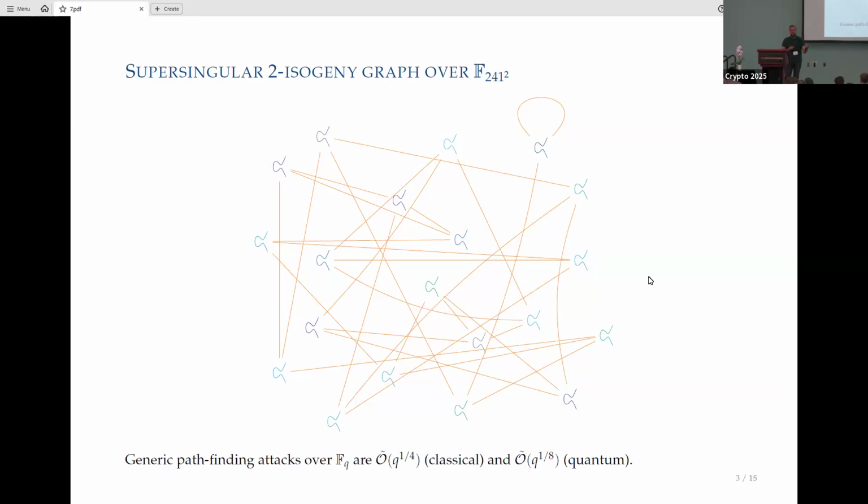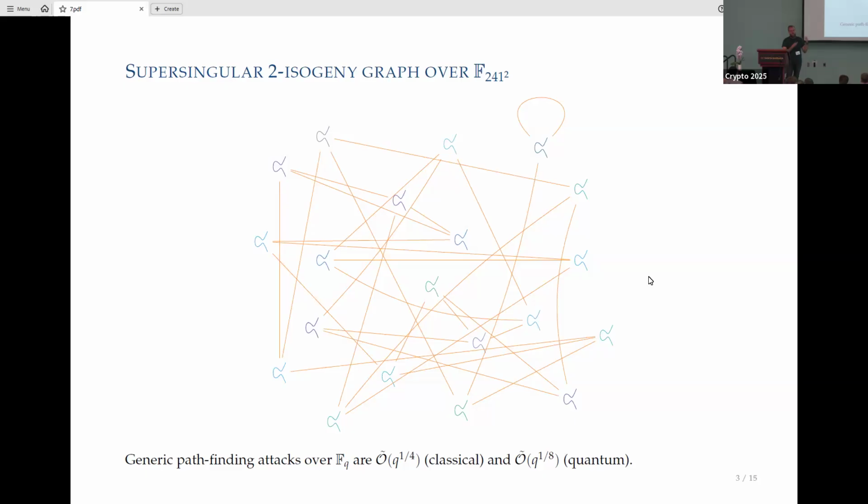If you start from any given supersingular elliptic curve, you take a rather short walk in the graph, but you'll end up very quickly at a uniform random distribution as your ending point. We don't know how to maneuver in this graph, really, at least not efficiently. There are generic attacks, but both classically and quantumly, these are exponential. Okay, so with the geometry being the isogenies and the elliptic curves, this is the graph theory interpretation.